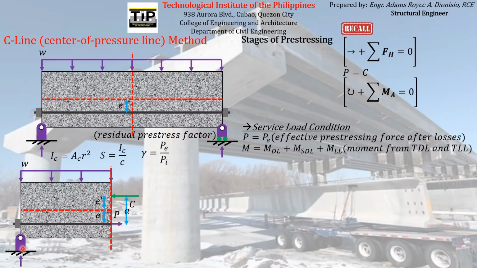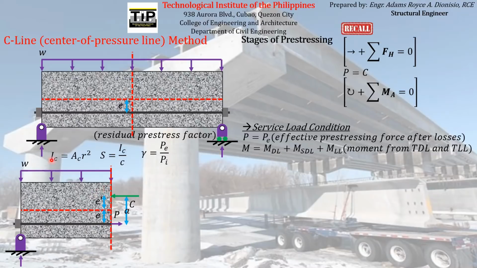Clockwise, because obviously the moment produced by the reaction will be larger than the moment produced by the uniformly distributed load, and the moment produced by the reaction is clockwise. So its direction will govern, and it will have a clockwise moment M.